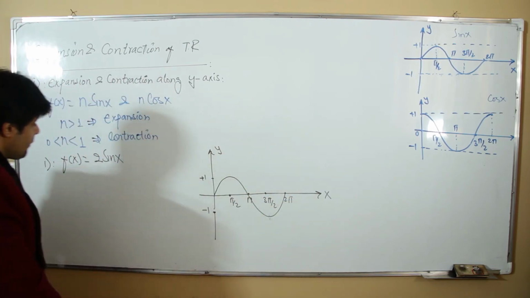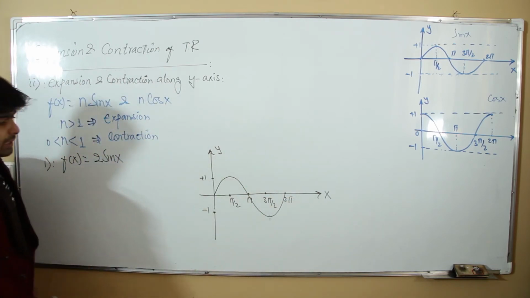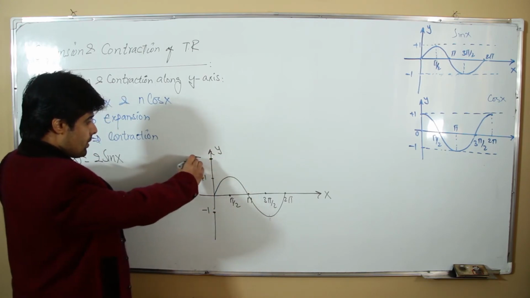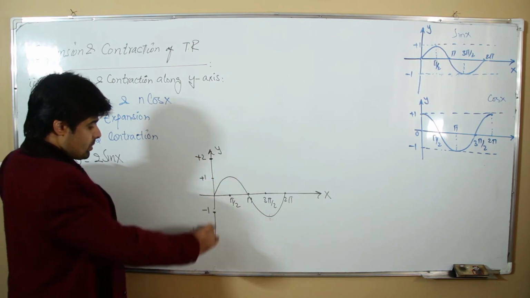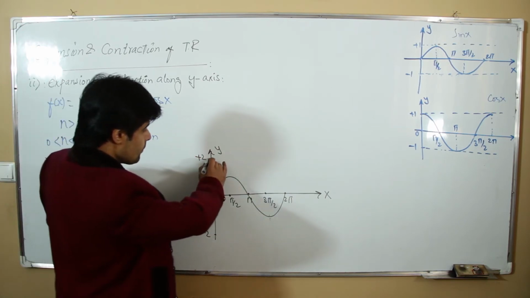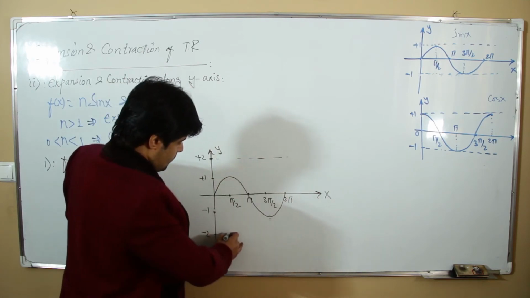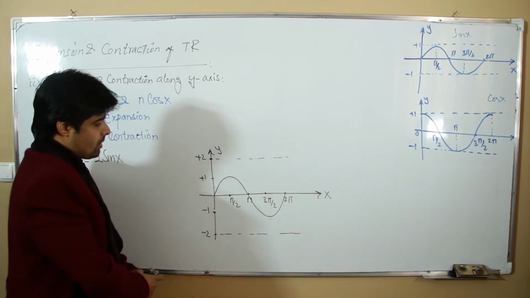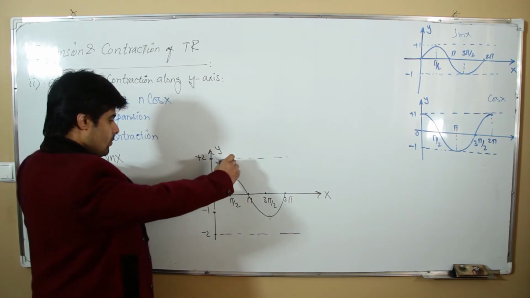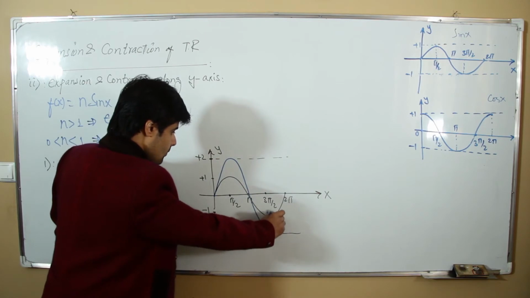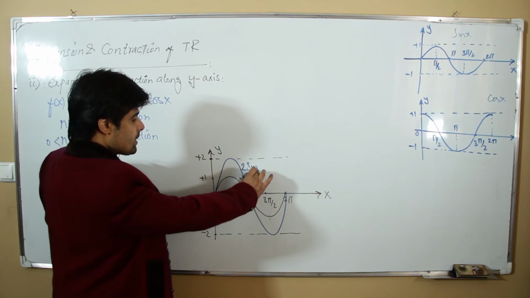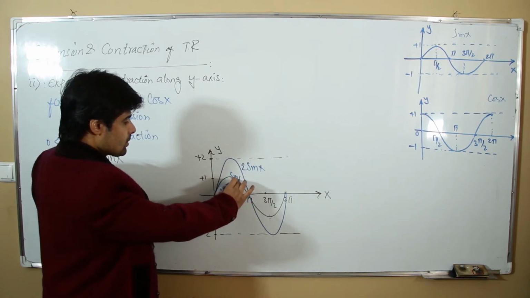But if we want to define 2 sin x, this graph should be drawn between positive 2 and negative 2. What does it mean? This maximum should be in here. This is our 2 sin x graph, and this one is our sin x graph.